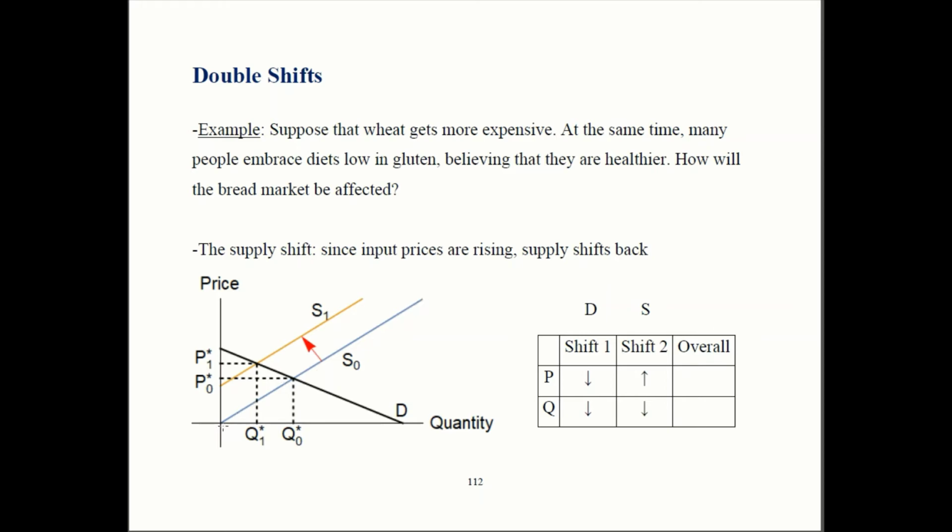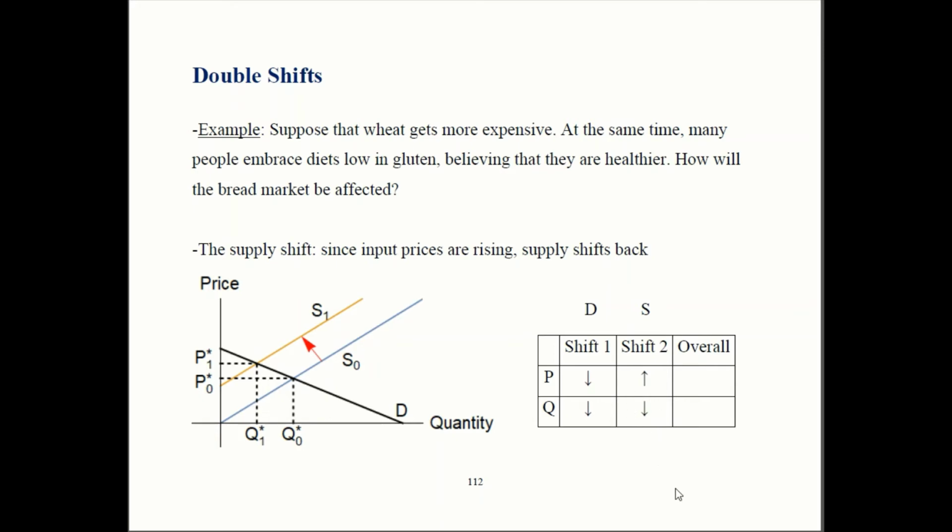Here's old supply, S0. That meets demand over here, at this point, P0, Q0. New supply is going to be over here. That meets demand at this point, P1, Q1. That means that prices are going up, and quantity is going down. So you give an up arrow to price in our table, and a down arrow to quantity.